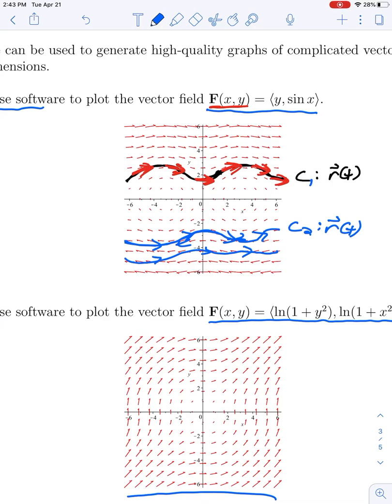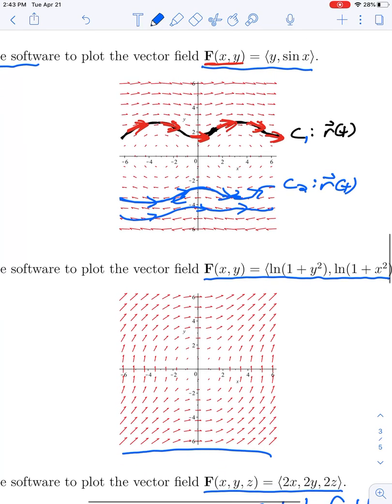So of course, if our object is moving against the direction of the velocity field, the work done by that field would be negative, since our object has to overcome it. However, if our object is moving with the direction of the current, we would have a positive work done by that vector field in moving an object along that curve.